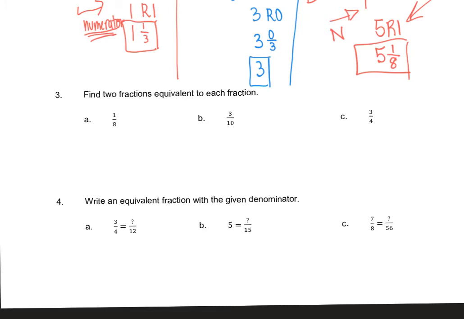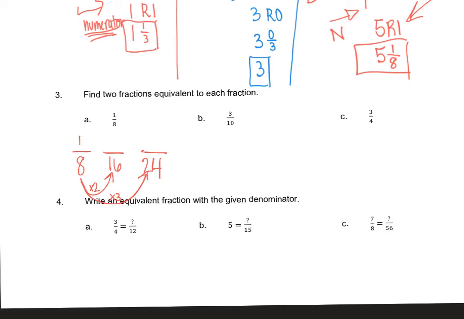So how do I do this? Well, basically I want to find multiples of this fraction. If I multiply the bottom by 2, 8 times 2 gives me 16. Well, what if I multiply it by 3? 8 times 3 gets me 24. But now I can't just worry about the bottom, like I did last chapter.